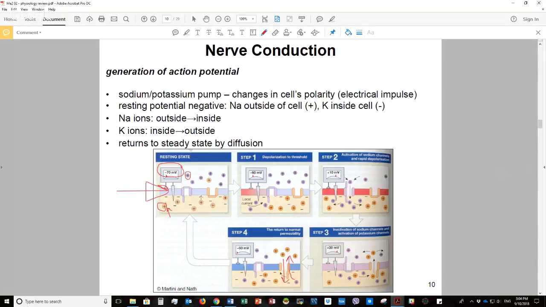This membrane and these channels and the sodium potassium pump are designed to create an imbalance. It is natural, but it's kind of artificial, I guess. So they create an imbalance to be able to create that potential energy that the neuron is going to use.